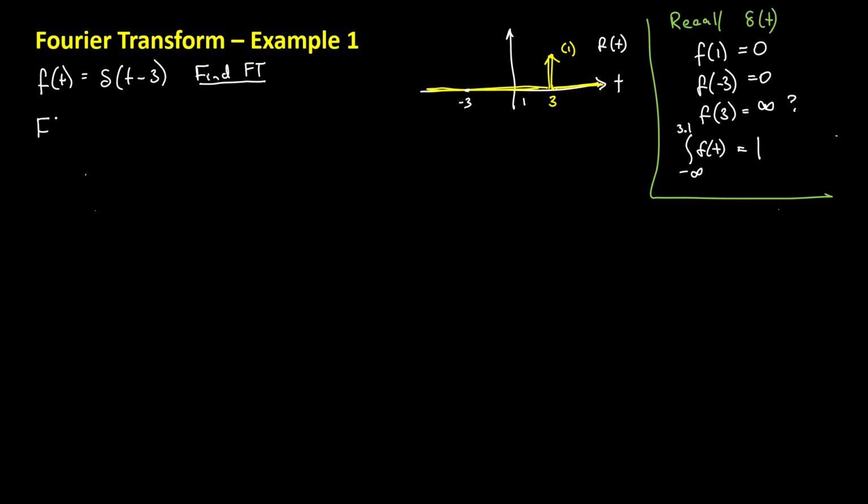The definition of a Fourier transform is its integral over all time of the function times e to the minus j omega t dt. No longer omega naught, since there is no fundamental frequency. So filling in what this value is, that gives us this integral of delta of t minus 3 times e to the minus j omega t dt.